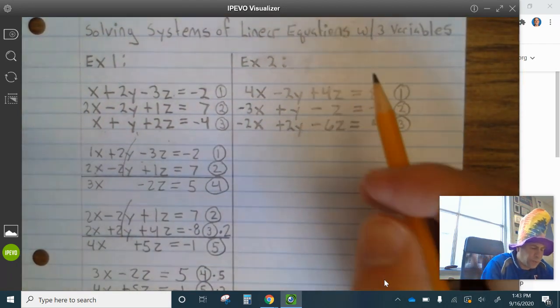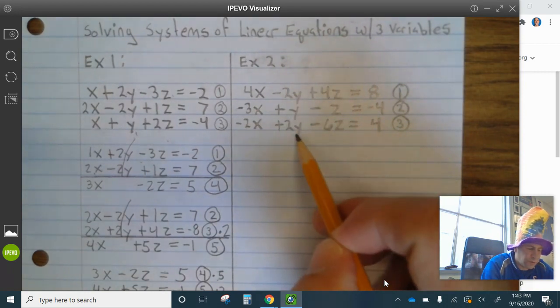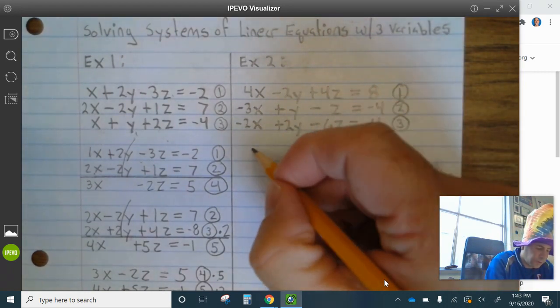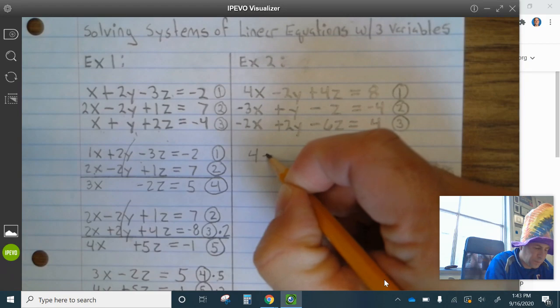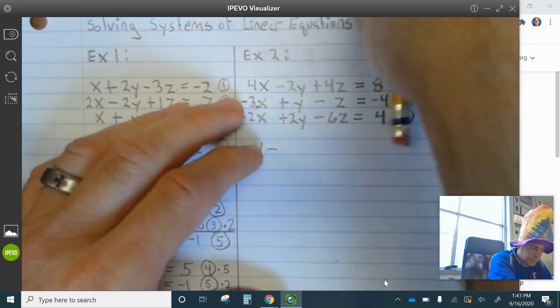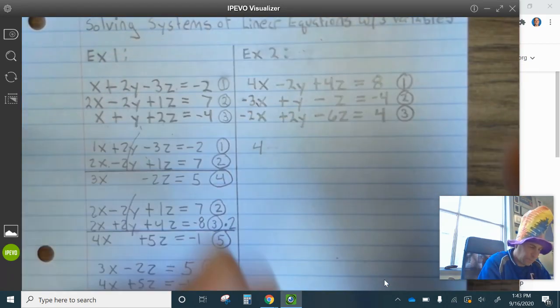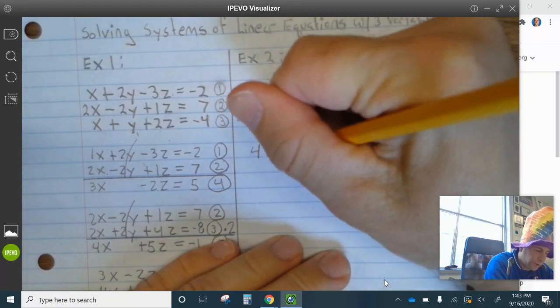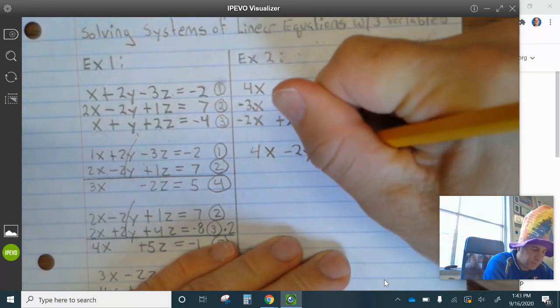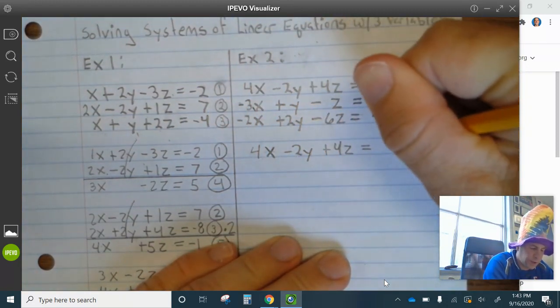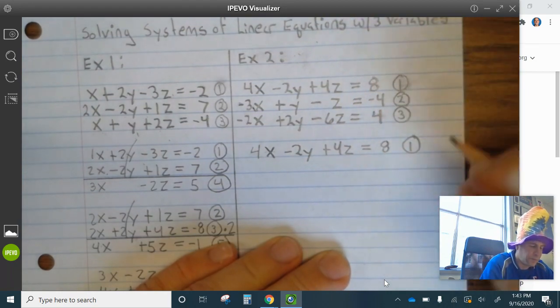All right, now it looks like we can use equation 1 and 3 because the y's will cancel, so let's do that. So we have 4x, oh, forgot the x, let me write that. 4x minus 2y plus 4z equals 8, and that's equation 1.